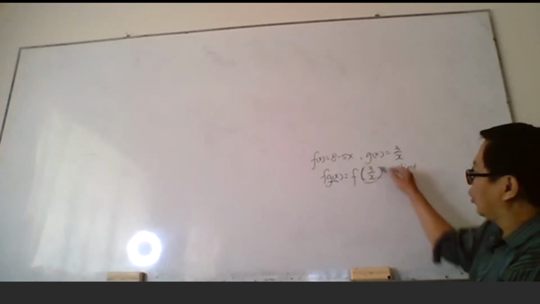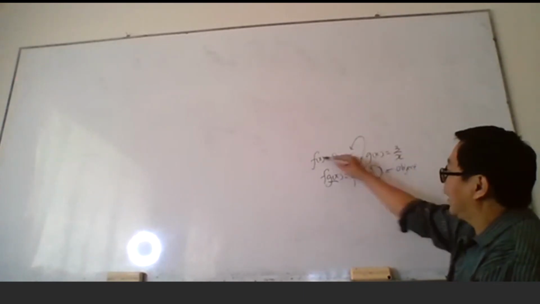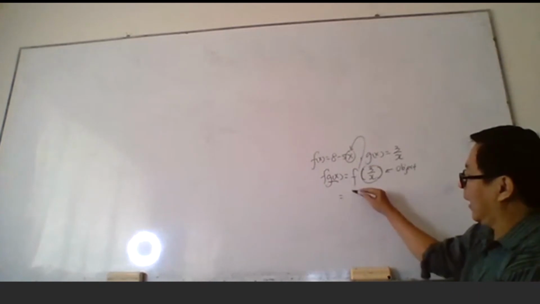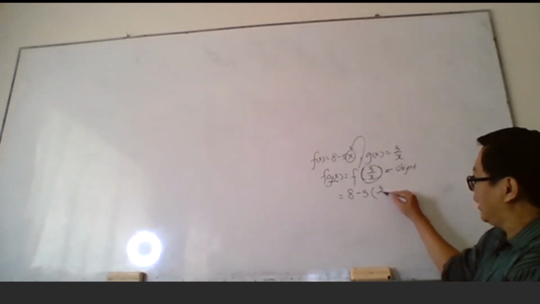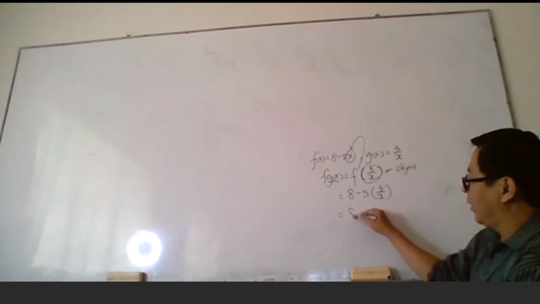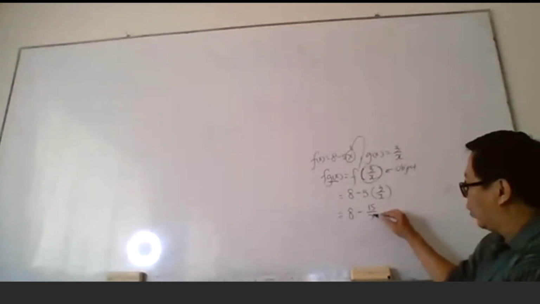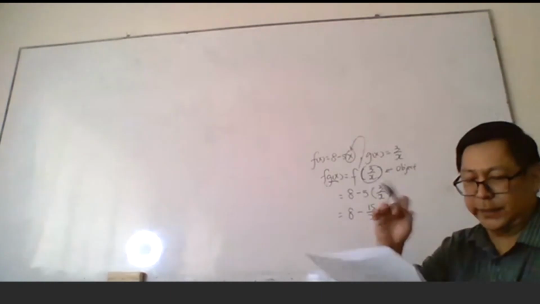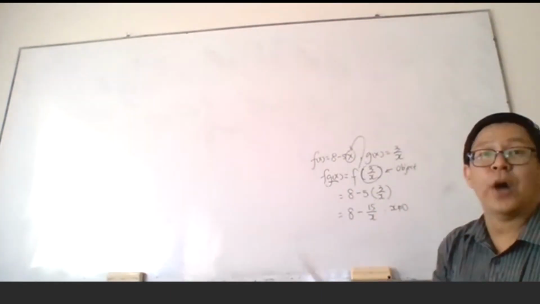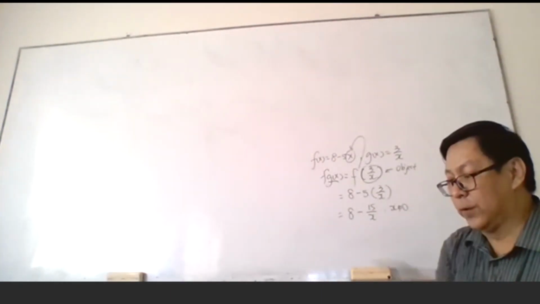An object is going to be put into the function f. 8 remains, 5 remains, so x will become 3 over x. So you get 8 minus 15 over x, and x cannot be 0. So this is it, okay, something in your page number 14.